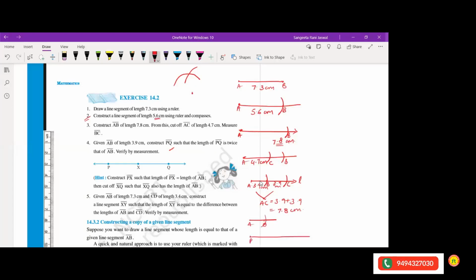Keep a point here at P, 3.9, and then again 3.9, and mark this as Q. What they are saying is to make two different lines. I have shown you on a single line itself, but they are saying AB is different, PQ is different.